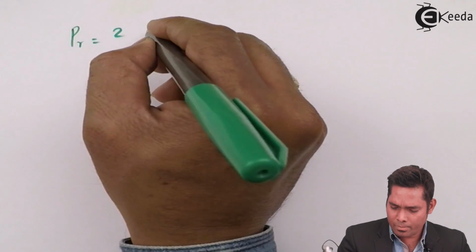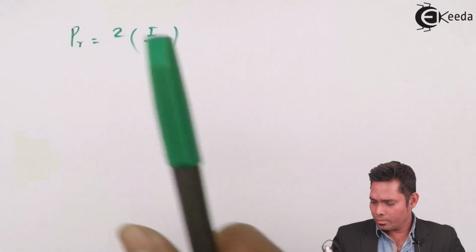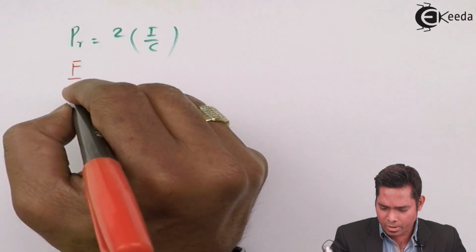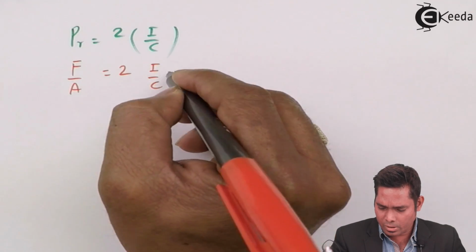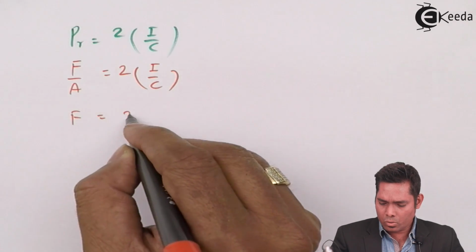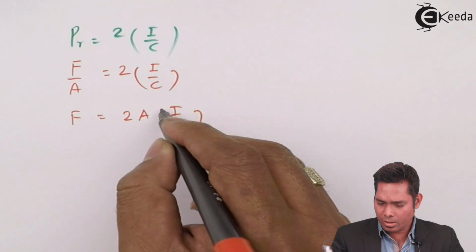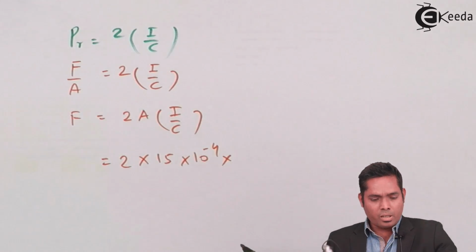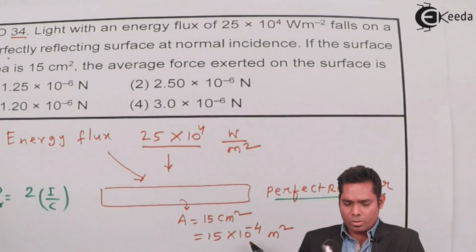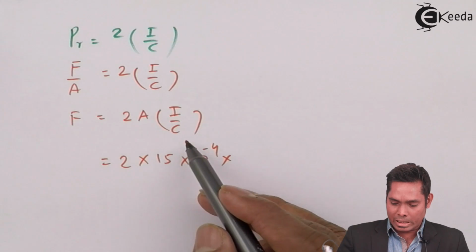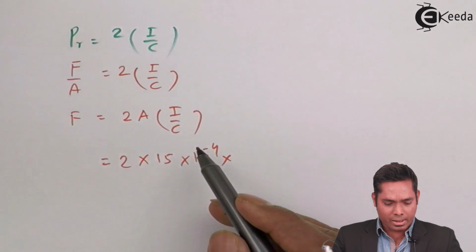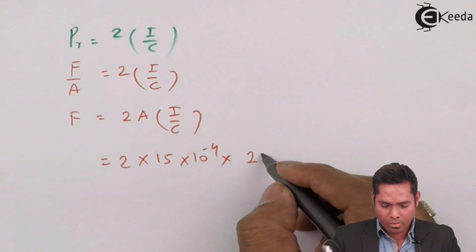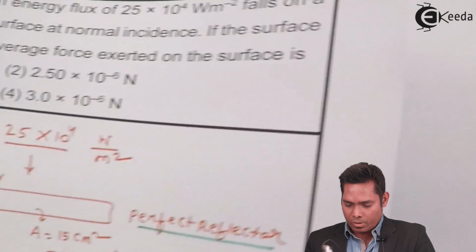Pressure is 2 times I over C. What is pressure? Pressure is force acting on the surface per unit area, equal to 2I over C. So the force is 2AI over C. A is the area of the surface, 15 × 10^-4, and I over C. That I is already given as 25 × 10^4.